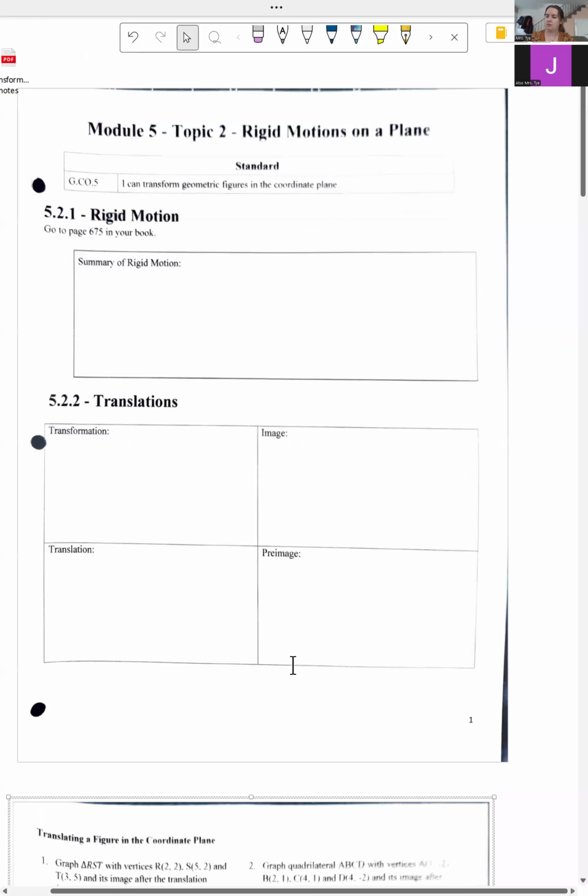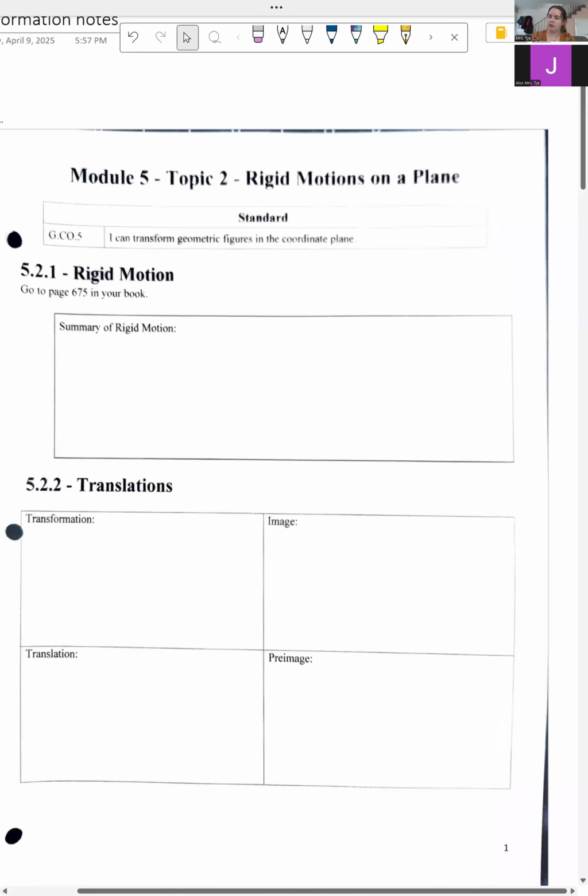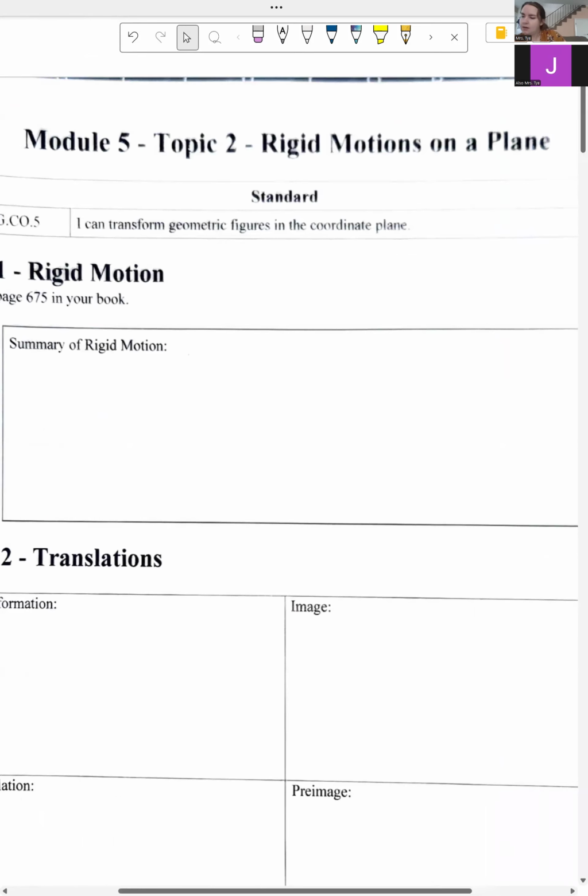So first we're gonna start by defining what a rigid motion is.